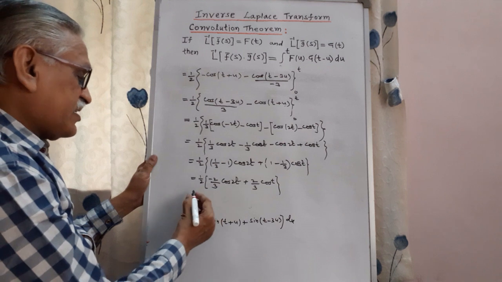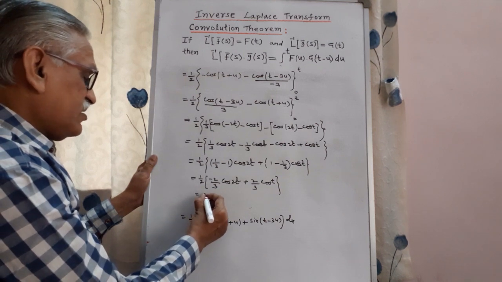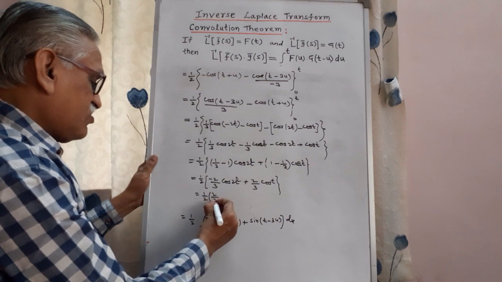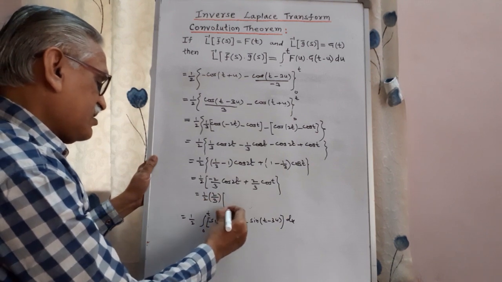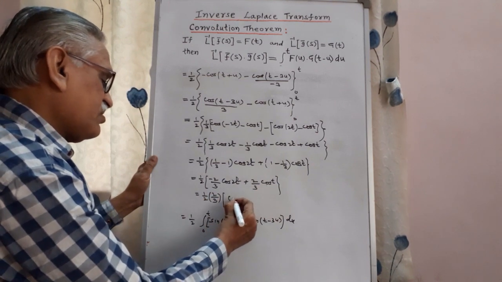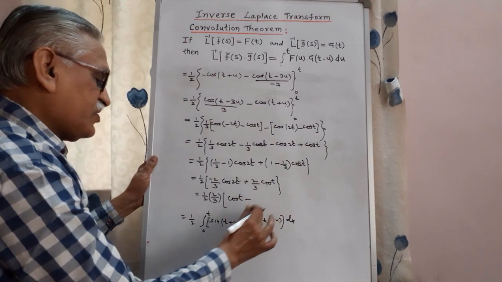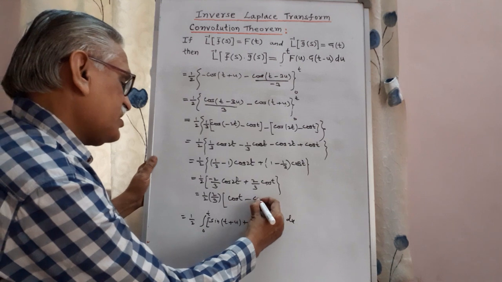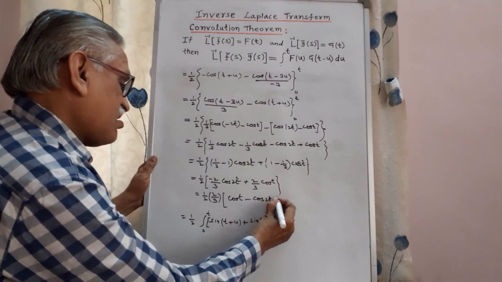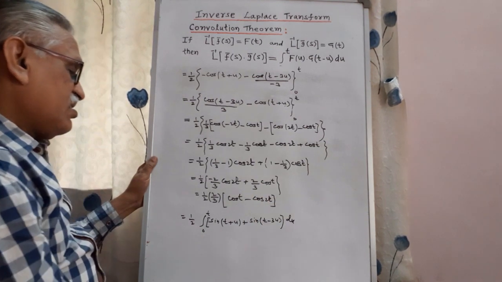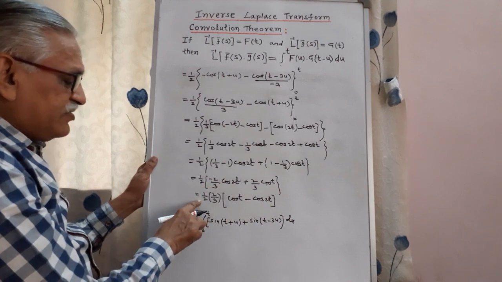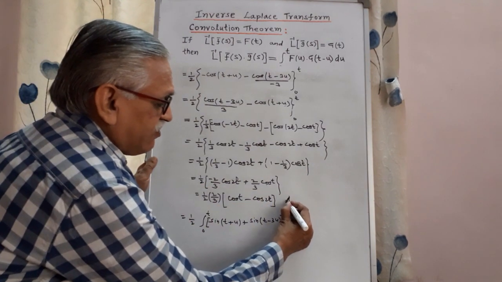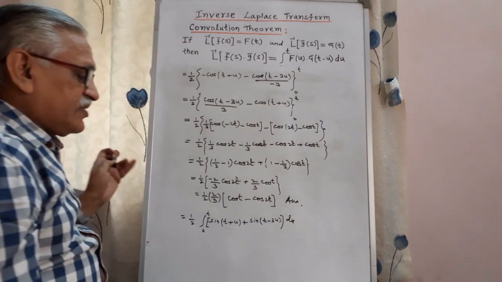From these two terms I can take 2 by 3 common, therefore 1 by 2 into 2 by 3, here it is cos t, positive term I will write first, and minus cos of 2t, 2 gets cancelled. Therefore final answer is 1 by 3 times cos t minus cos 2t as the required answer. Okay.